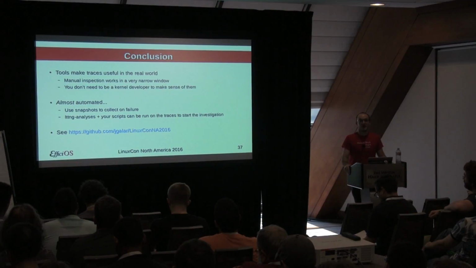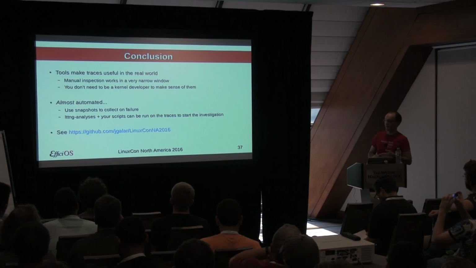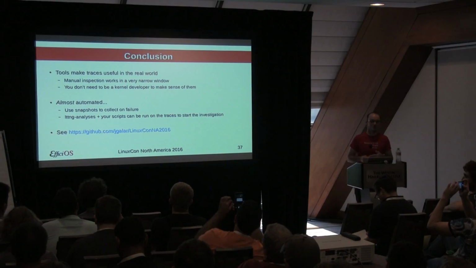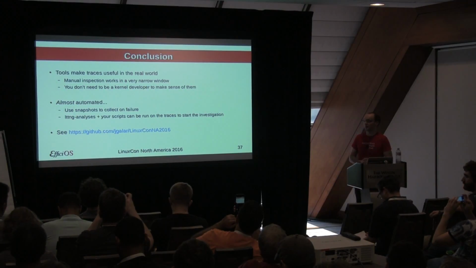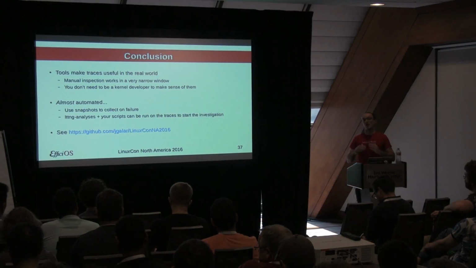So there's still a lot to be done on that front, but hopefully I've convinced you that manual inspection is not the entry point anymore when you investigate a trace. You don't need to be a kernel developer to make sense of what's happening. And it's almost automated.